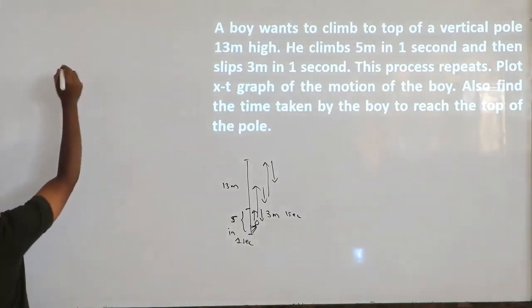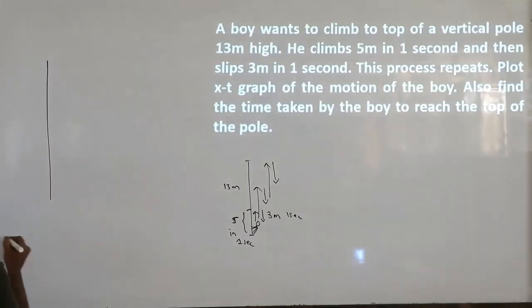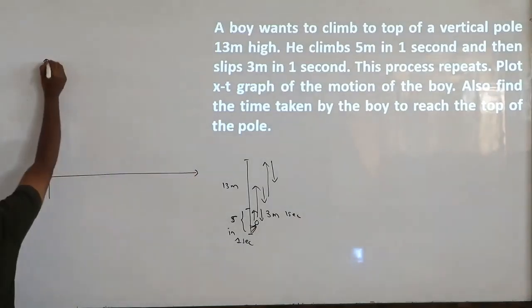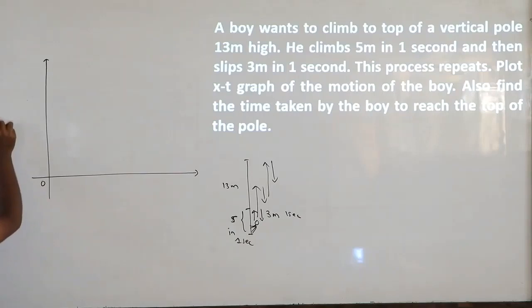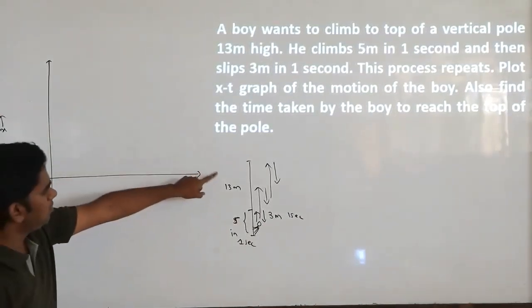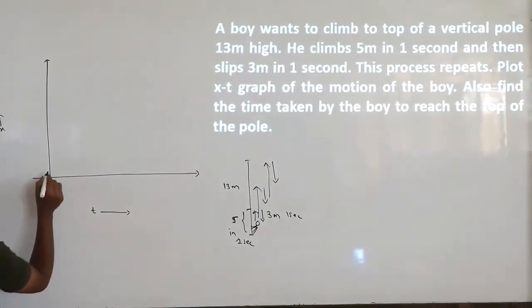Graph of xt means position time graph. So this is position, 0. X is here, time is here. See, the height of the pole is 30 meters. So maximum you can take 13 over here.